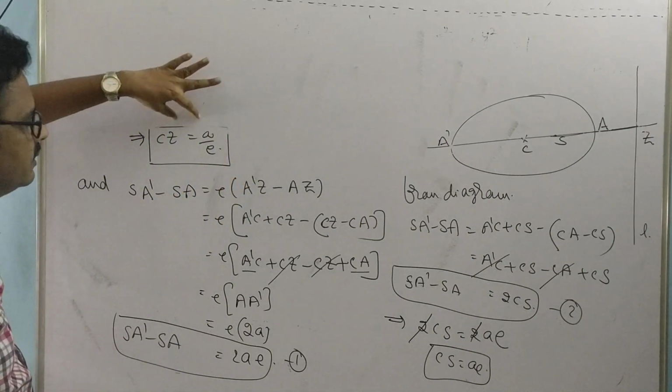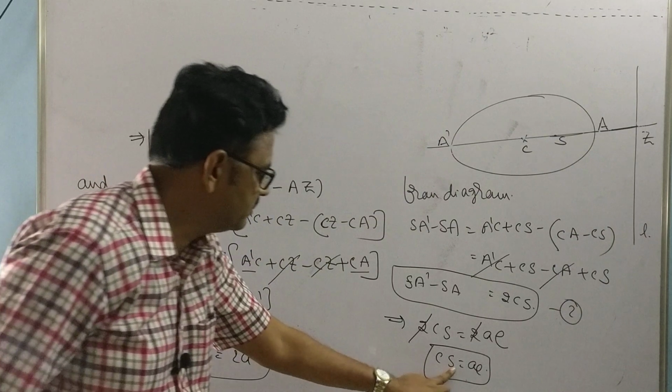So we have CZ equal to A by E and CS equal to AE.